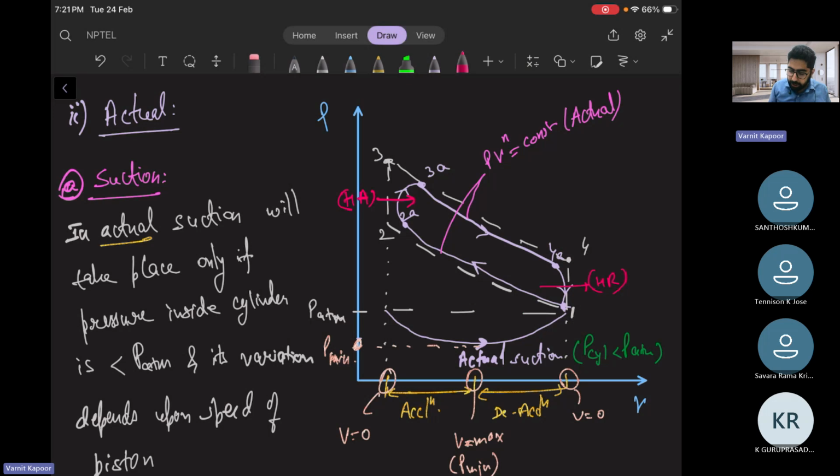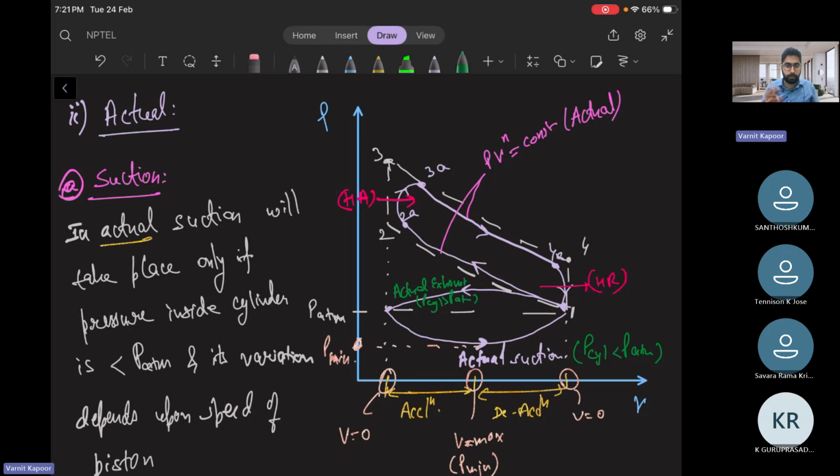So eventually the pressure will be a bit higher and finally come to atmospheric conditions. And this is your exhaust process. So let me use another color. Actual exhaust. Pressure inside cylinder is greater than P atmosphere. Okay.